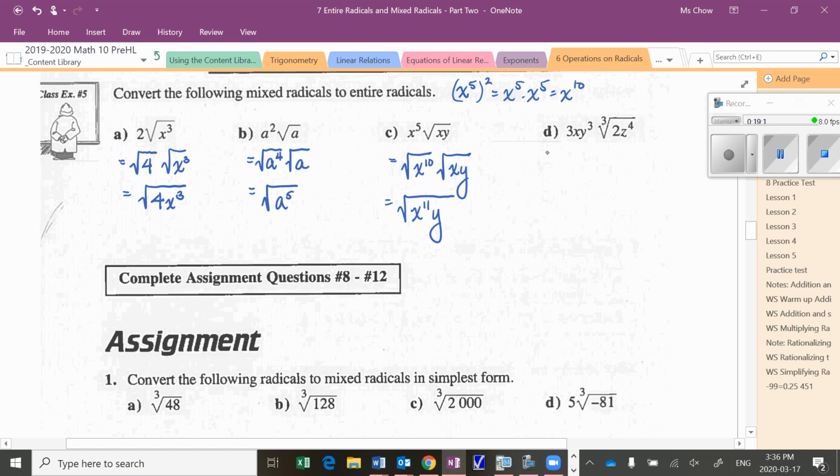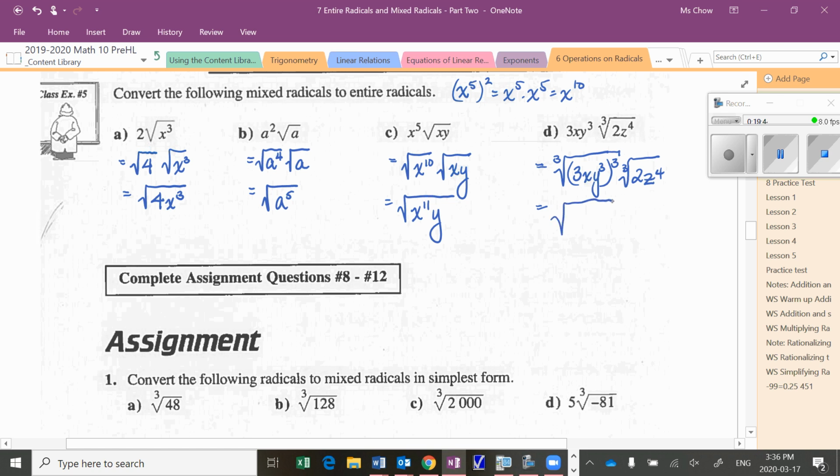For D, we're looking at the cube root, so I need to take this whole thing and consider, and here's another way we could do it: I want the cube root of whatever 3xy cubed is, all cubed, times the cube root of 2z to the fourth. The only catch is you have to actually evaluate that exponent outside, so it's going to apply to each of these.